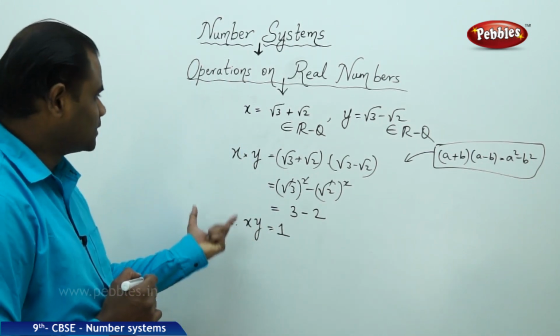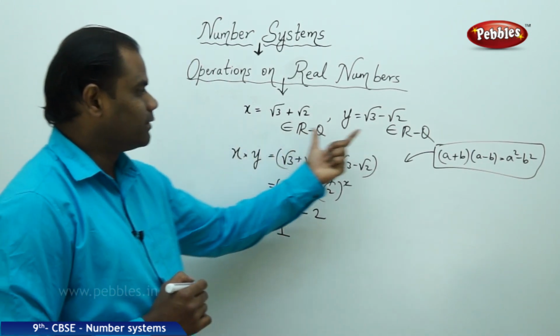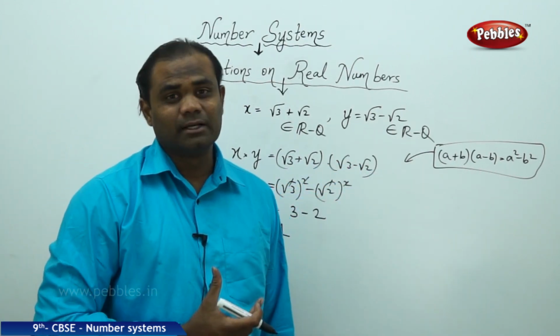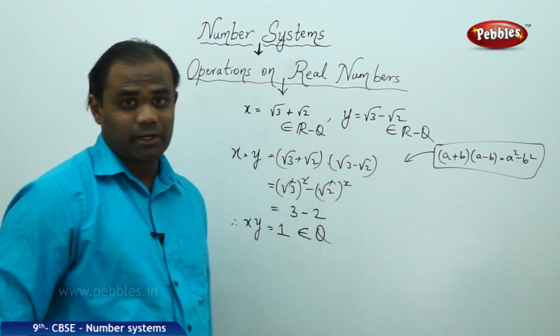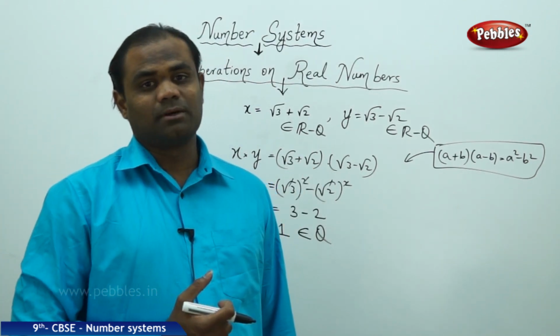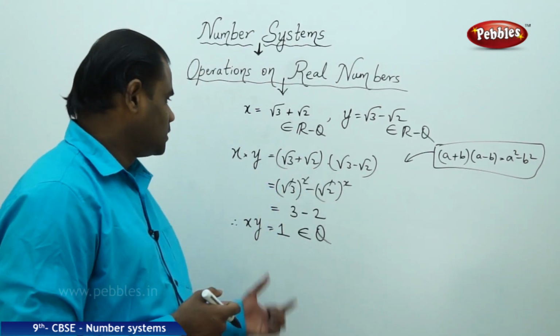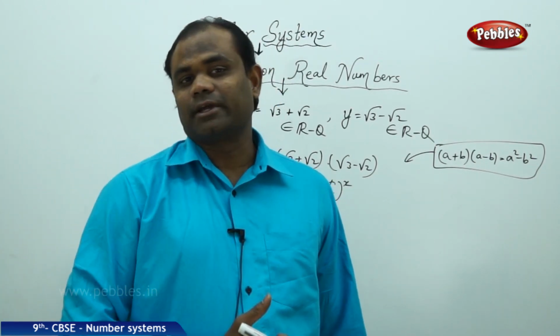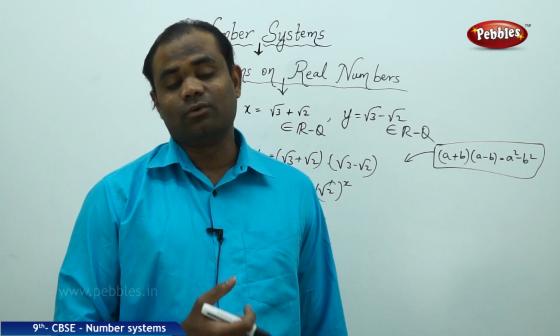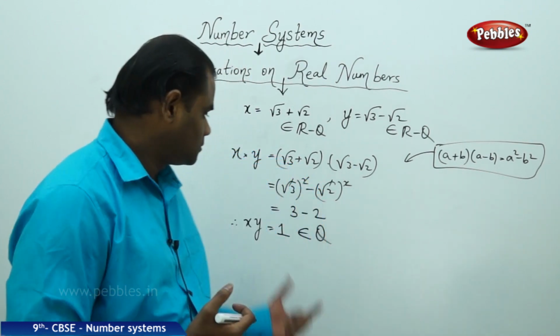Now clearly I identify that two irrational numbers when multiplied are giving me a rational number. Moreover, it's an integer, a natural number, a whole number. So the product of two irrational numbers can yield a rational number, is how we identify the concept.